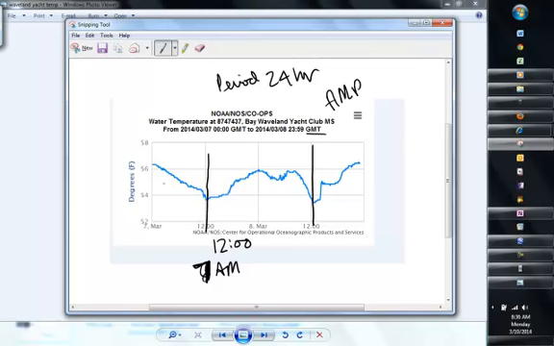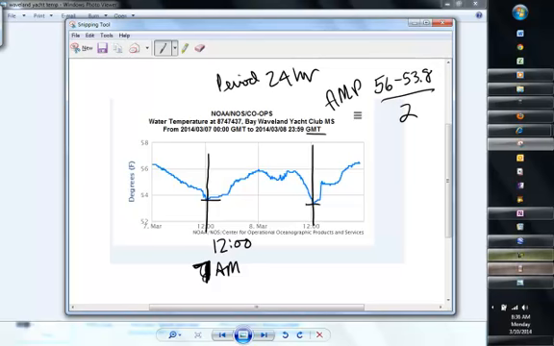And then the amplitude is the high, which looks to be about 50. Well, for this wave, the high is 56, minus the low, which looks like about 53.8, divided by 2.